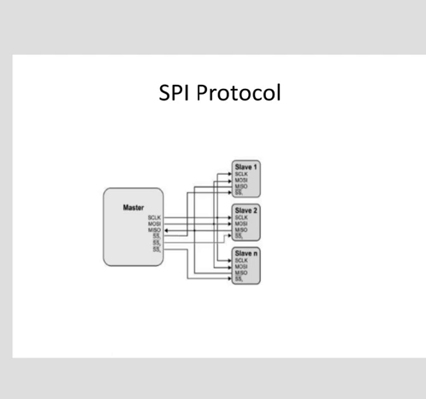So MOSI, that is master out slave in, on the master connects to MOSI on the slave. MISO, that is master in slave out, on the master connects to MISO on the slave.